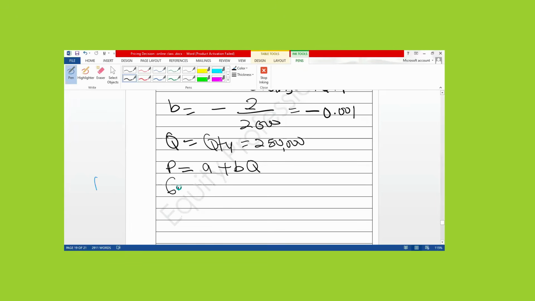Our P is 60, our A is unknown, plus bracket our B, minus 0.001, multiplied by our Q, 250,000.